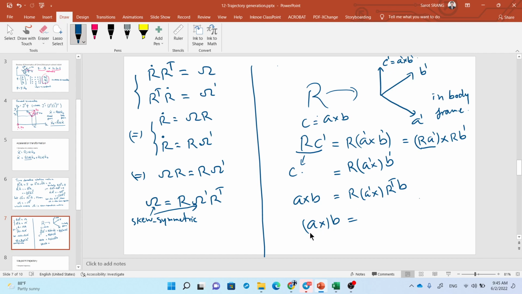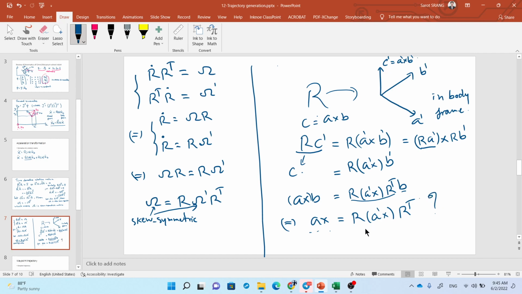So we have A cross B equal to all of this, and then times B as well, which means A cross equal to R times A prime cross times R transpose, right?